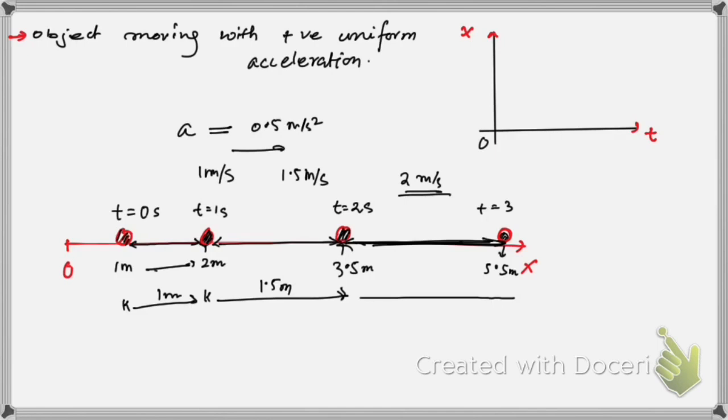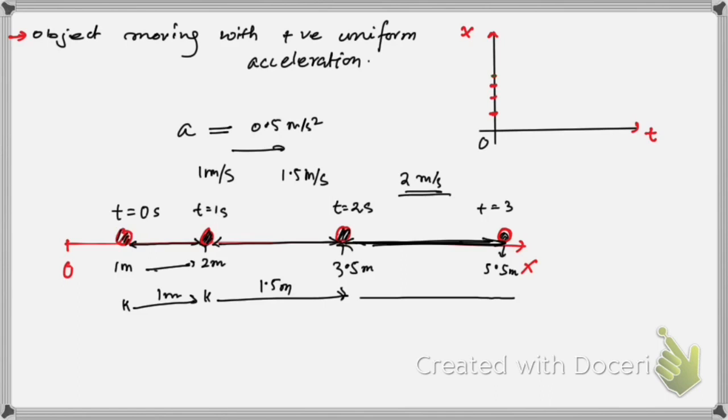If you want to draw this graph, you're going to get a graph like this. Suppose this point is 1 meter at t equal to 0 second, and then you have 2 meters, 3 meters, then 3.5 meters.